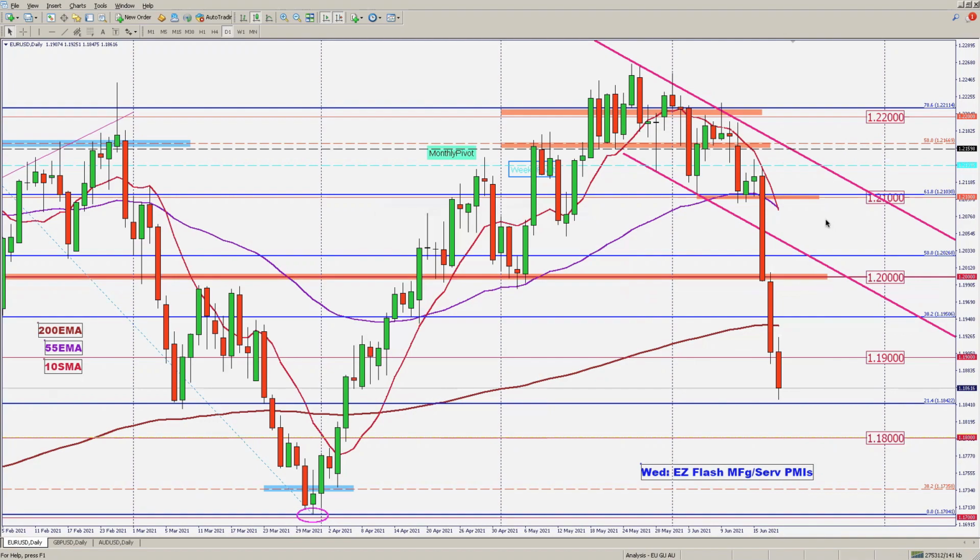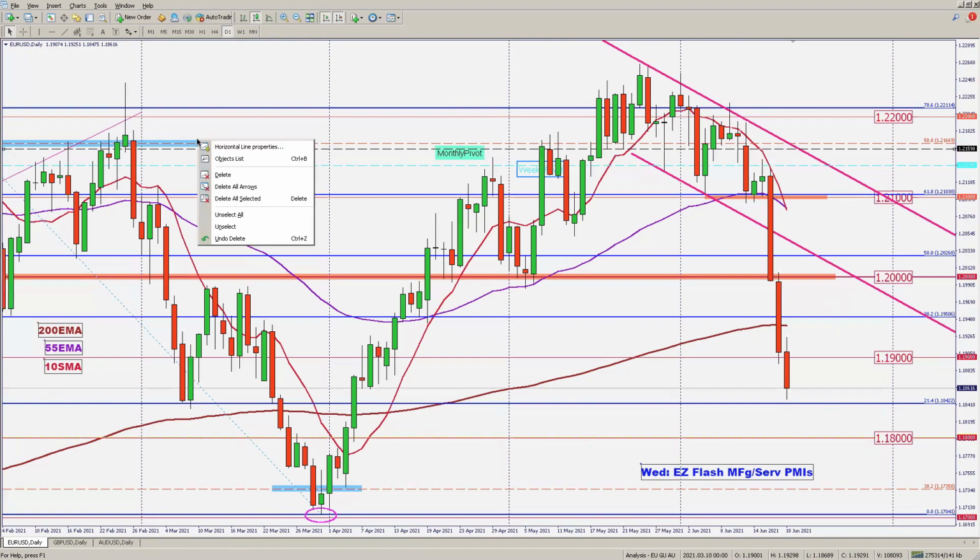All right, since there's also multiple resistance zones, I think we can move some of these for now.